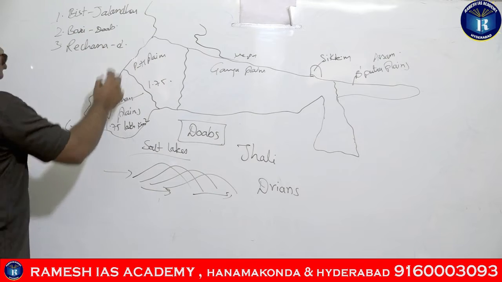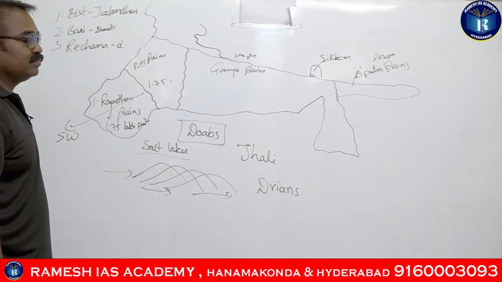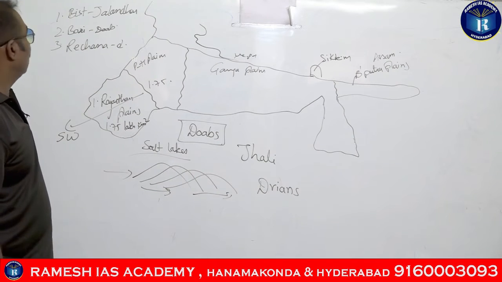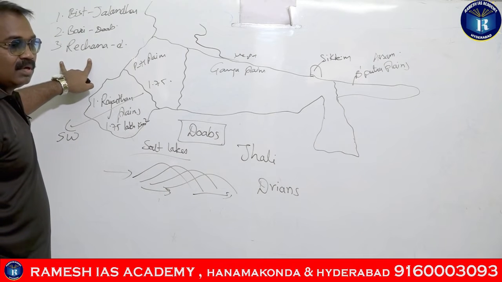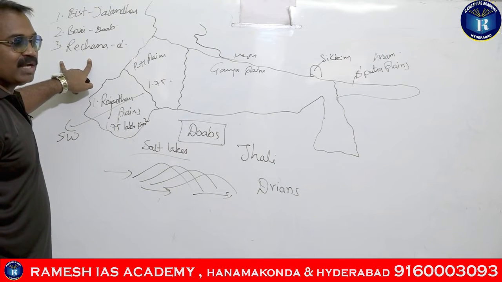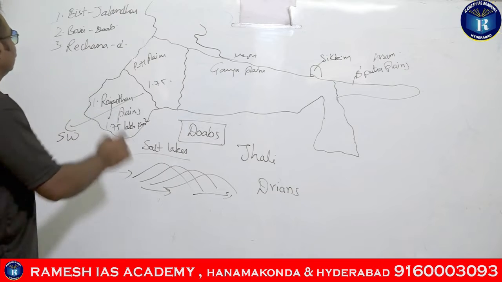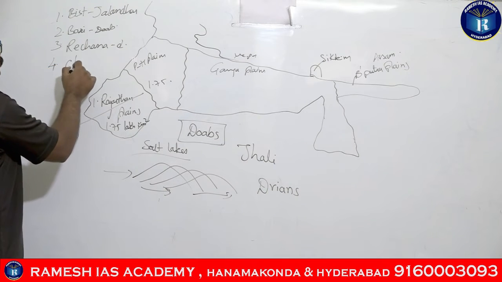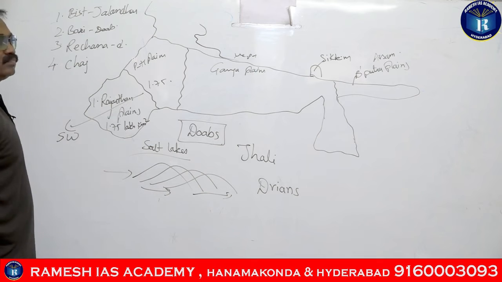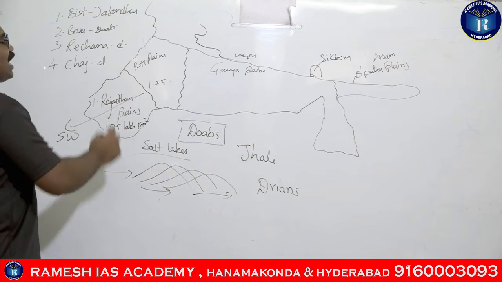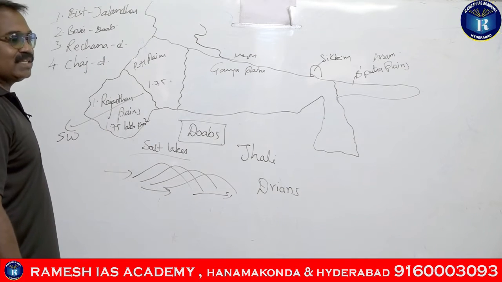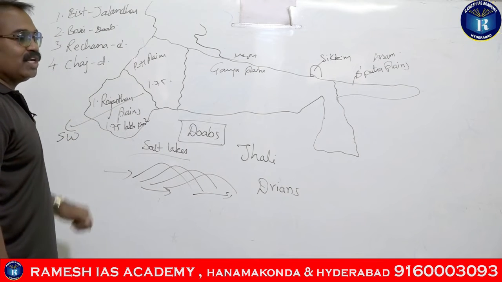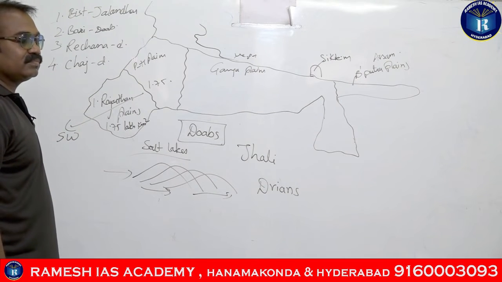Then Rechna Doab, present between the Ravi and Chenab rivers. Then comes Chaj Doab, C-H-A-J, between the Chenab and Jhelum rivers.